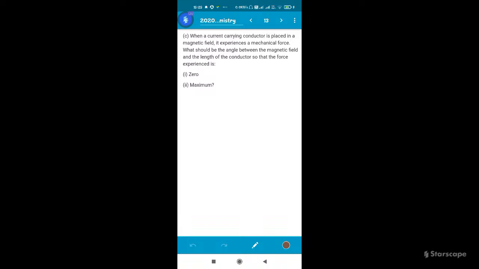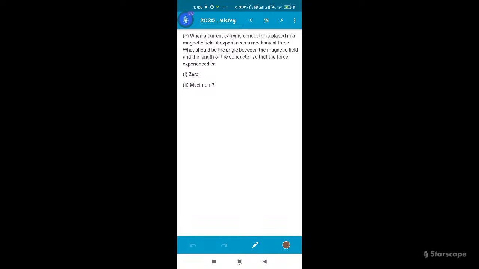What should be the angle between the magnetic field and the length of the conductor so that the force experienced is 0 and maximum? So let us see. So we know one thing, that the force which is experienced by that current carrying conductor depends on a certain number of parameters. So using those parameters, using that relation, we are going to find out the answer to our question.